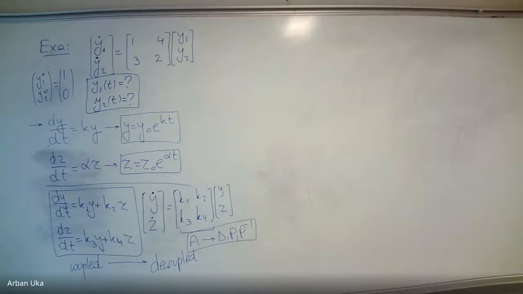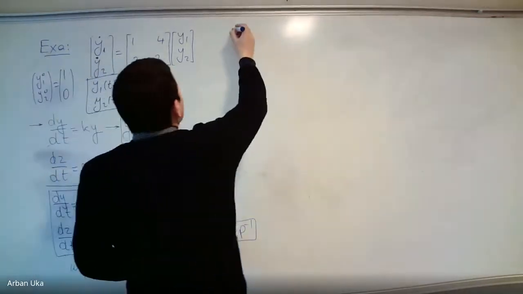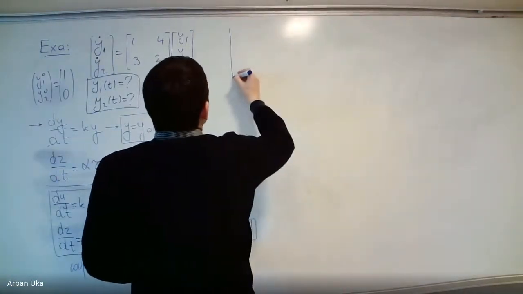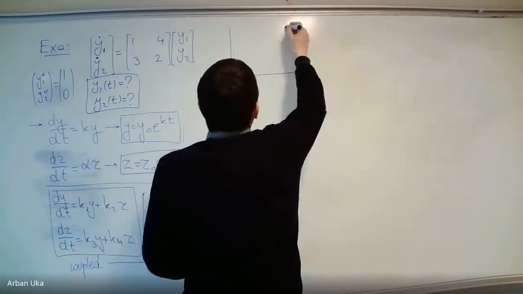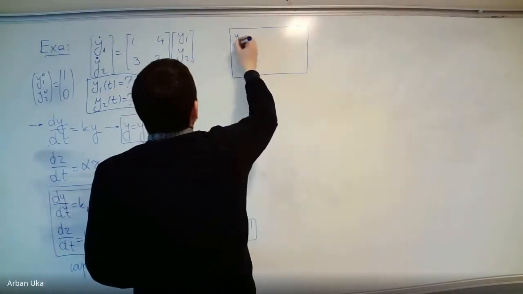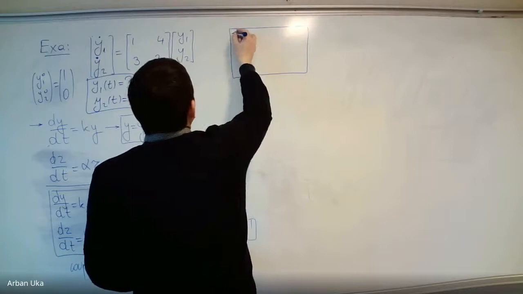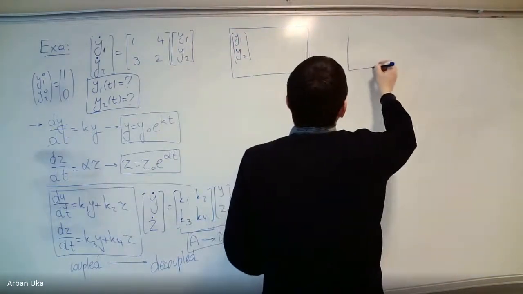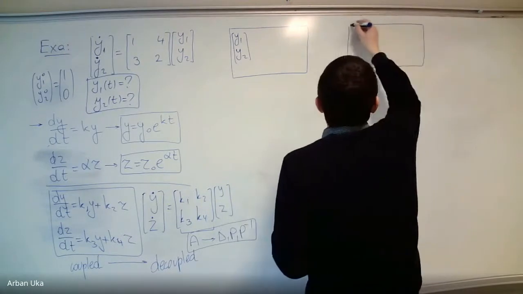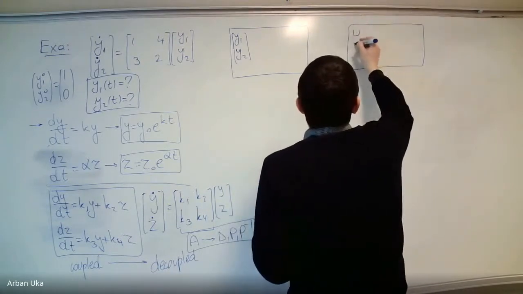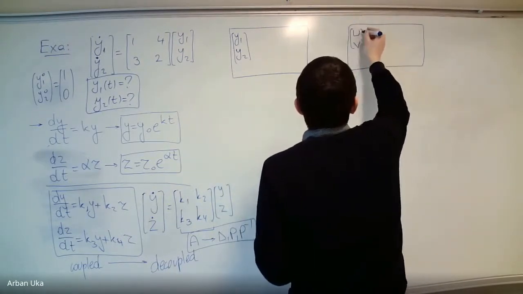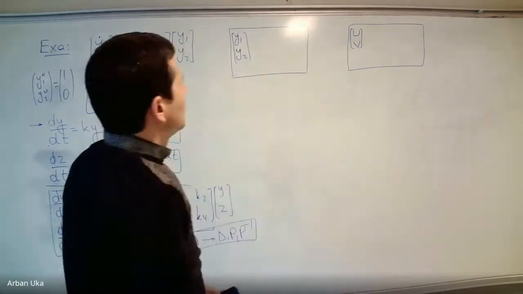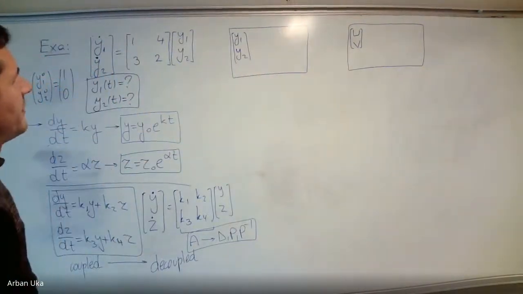Let's first give the standard basis. This is the standard basis, and here we are dealing with y1 and y2. And this is the other basis, and let's assume that we have a pair of variables, u and v, over which we can solve the system.